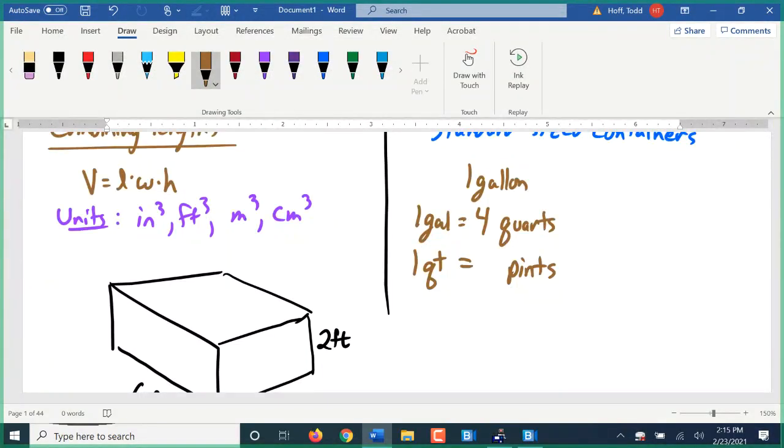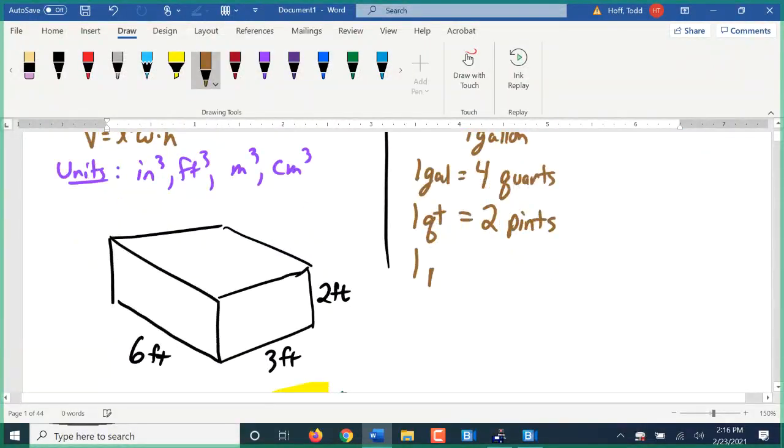They weren't going to destroy them and resize them, so they kept the pint pretty much the same. The quart was adjusted to make 2 pints fit in a quart. So when the quart got adjusted, the gallon got adjusted. The gallon that we use now is actually quite a bit bigger than what the original gallon, the original hat, would hold.